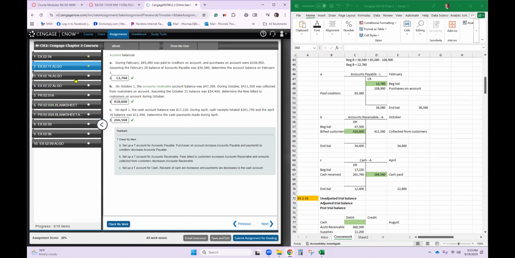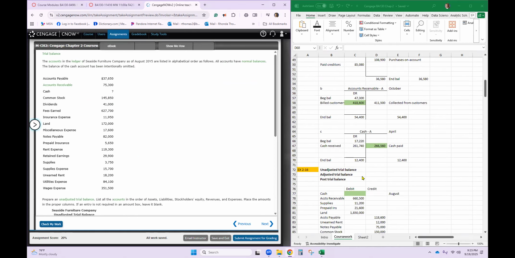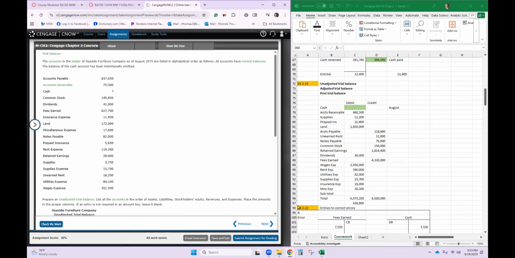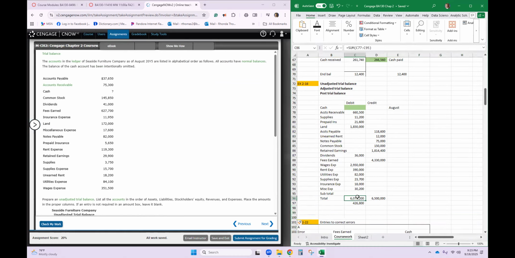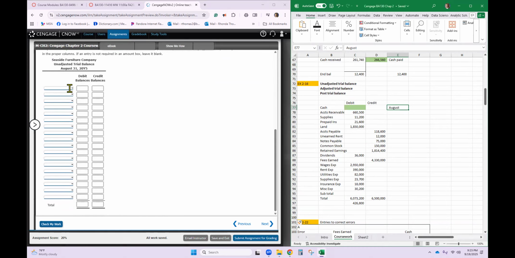Okay, moving on. Let's go to this trial balance. We need to put it into a trial balance. We don't know cash. This is the month of August. We're going to put this in what they call financial statement order.